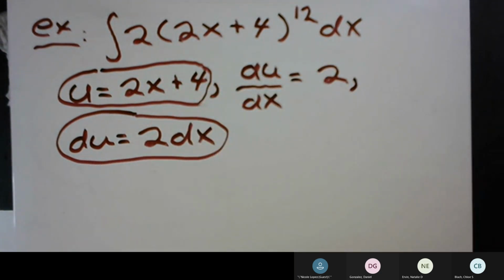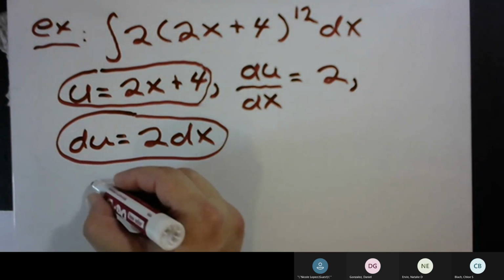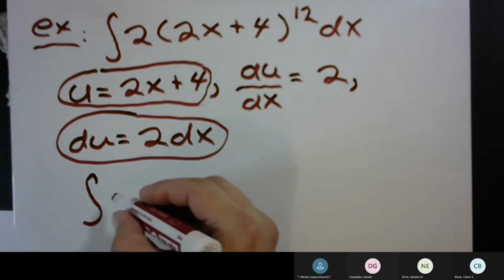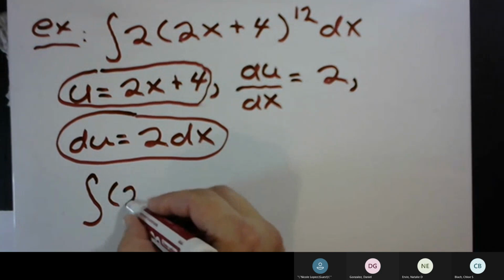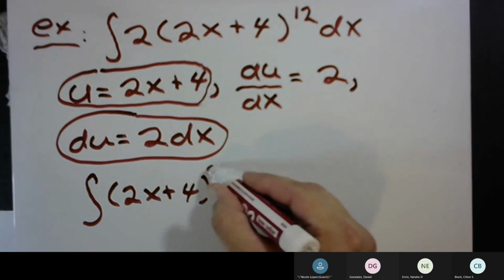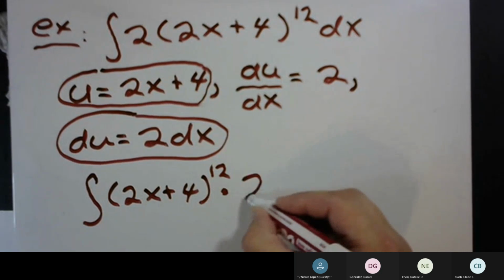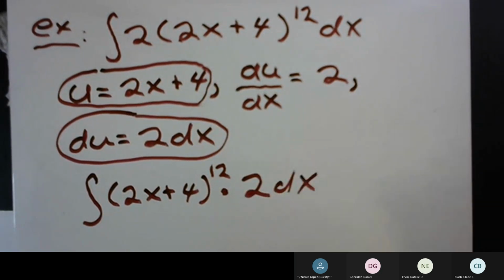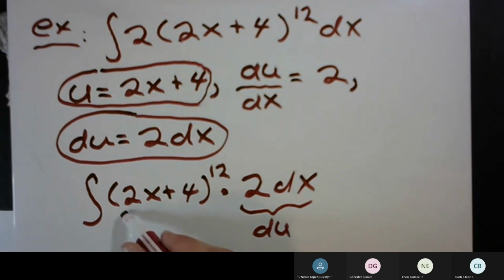So there's our u and there's our du. Now, if you take a look at our integral, we can rewrite this as 2x plus 4 to the 12, times 2 dx. So this will now become du, and this inner part is going to be u.